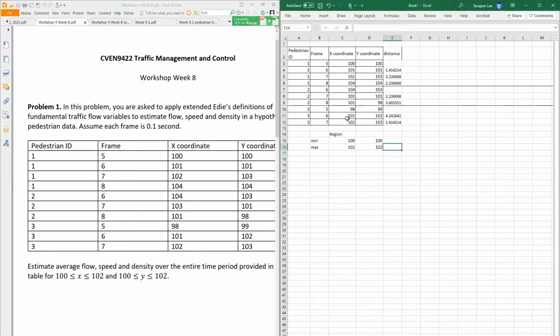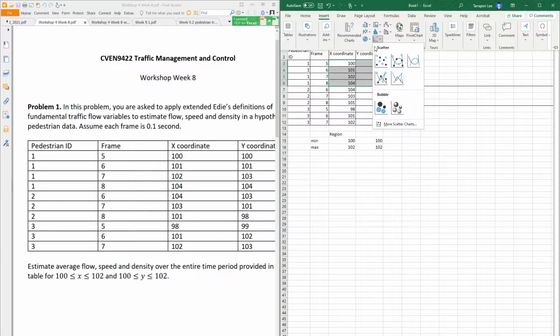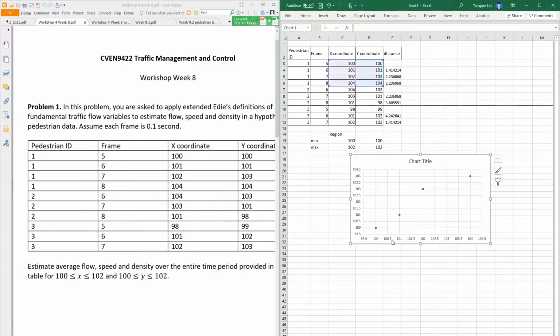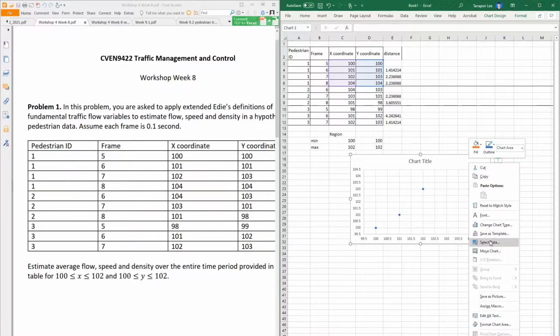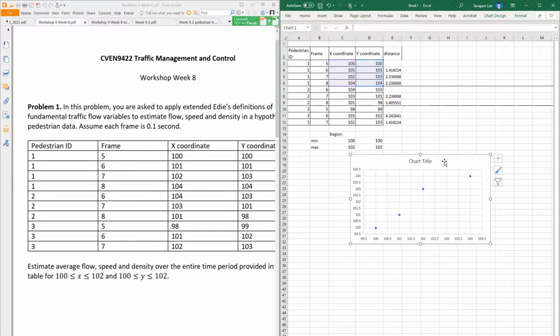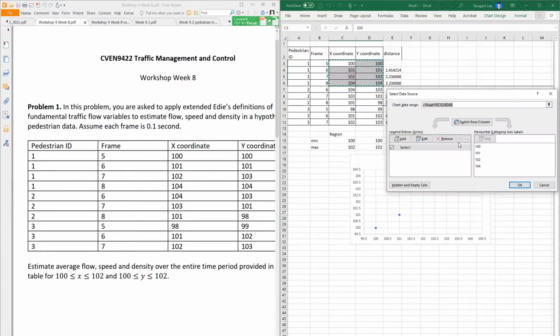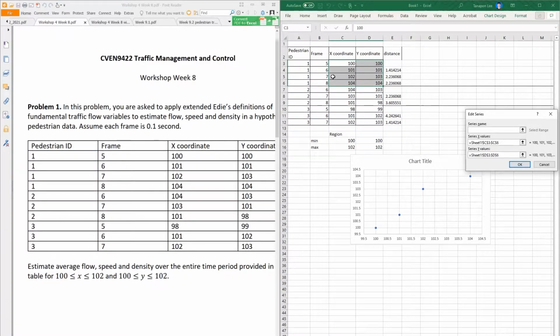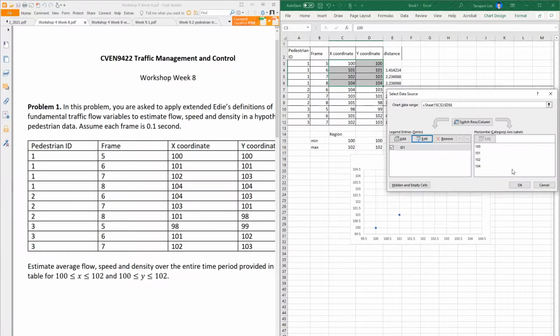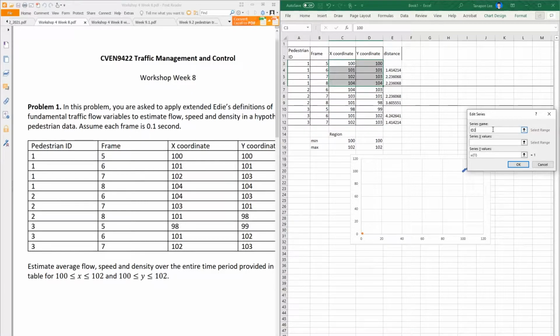We can just plot these coordinates. So I put a scatter plot here. This is for pedestrian 1. I will add, select data, I call this ID 1, and we can add ID 2.